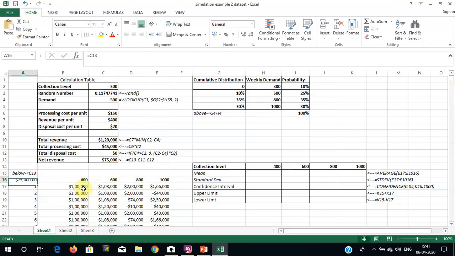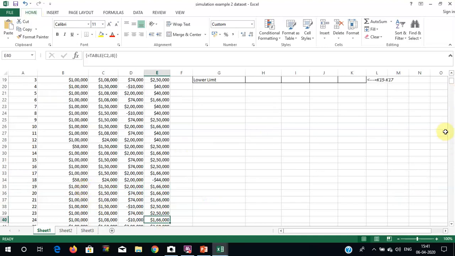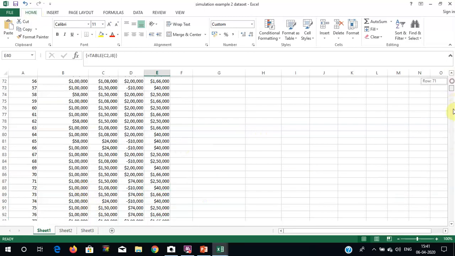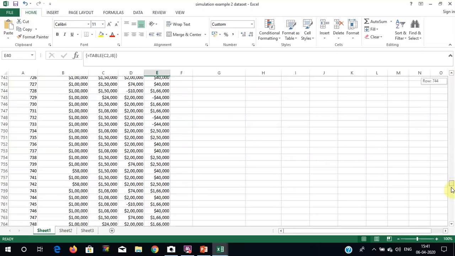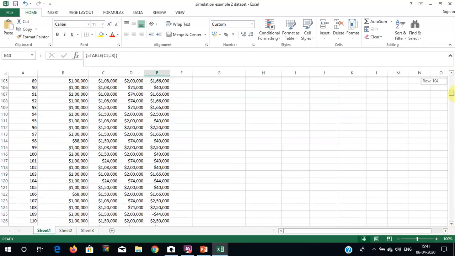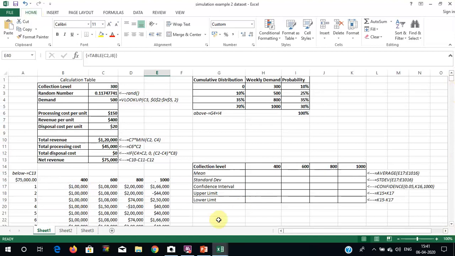So you can see here, I run approximately 1000 scenarios and I calculate my net profit in each one of these scenarios. So this is my data table, and you can easily create a data table for these 1000 scenarios.